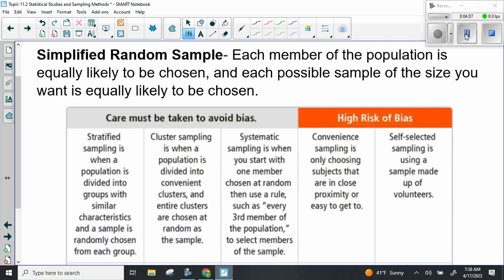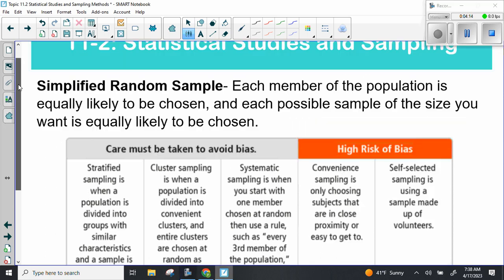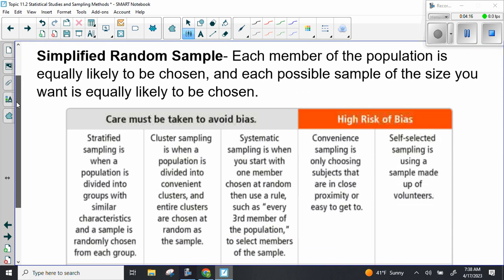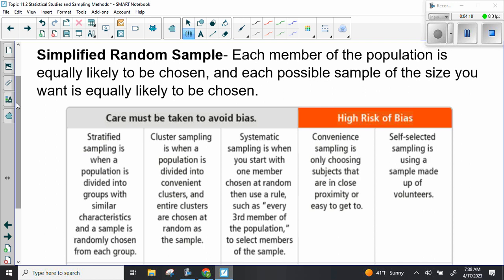All right, so one sampling method is a simple random sample. This is most commonly referred to as an SRS.